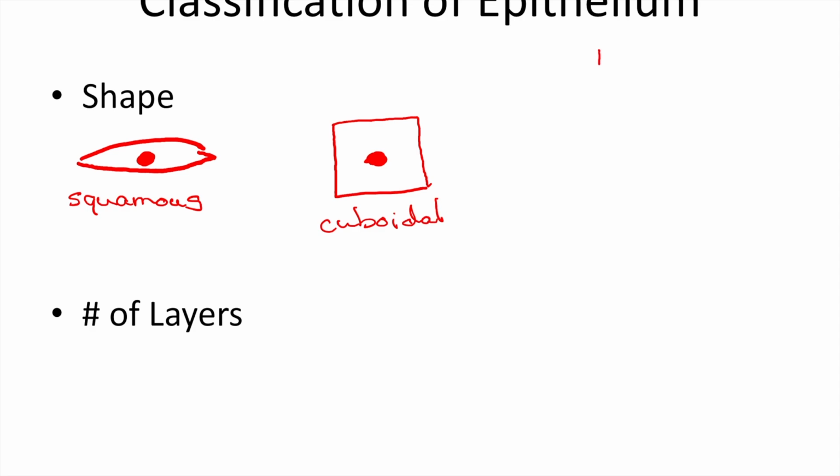And if the cells are taller than they are wide, this is columnar epithelium. So in order to determine the name of the epithelium, you should look at the shape of the cells at the apical surface.